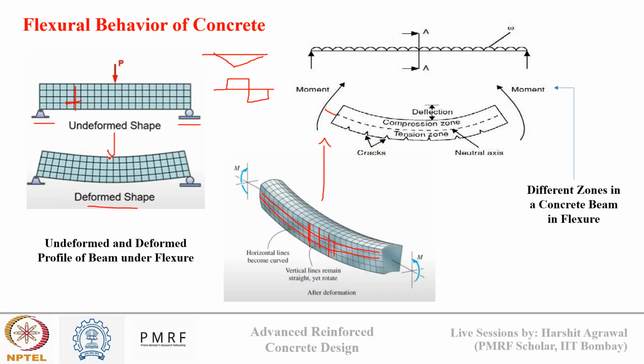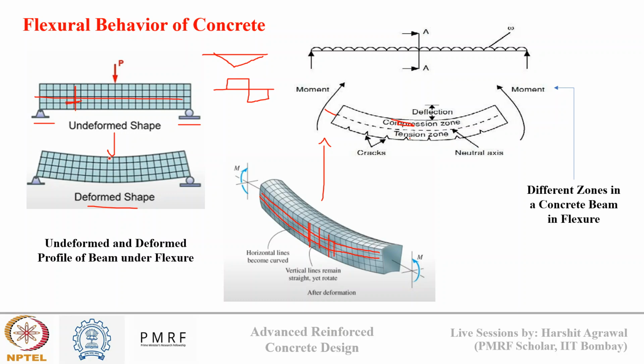However, in the horizontal direction, these lines are becoming curved. At this neutral axis, there is no elongation or contraction in the length of the member. That is known as the neutral axis. The zone above the neutral axis is known as the compression zone, and the zone below the neutral axis is known as the tension zone.